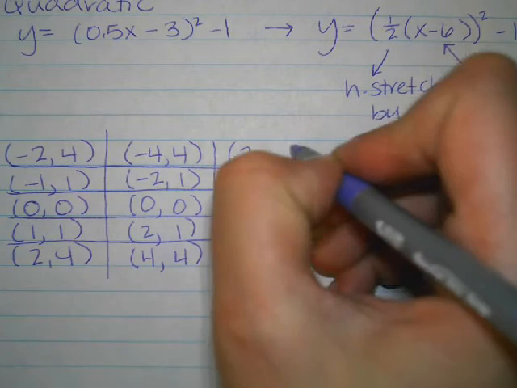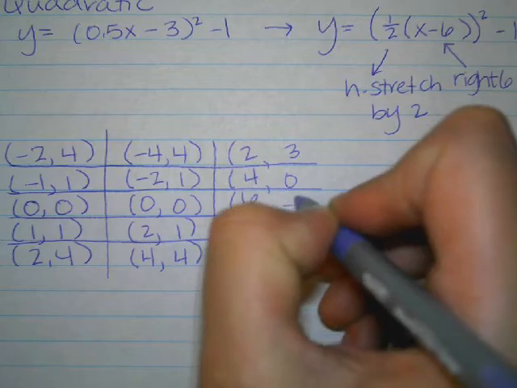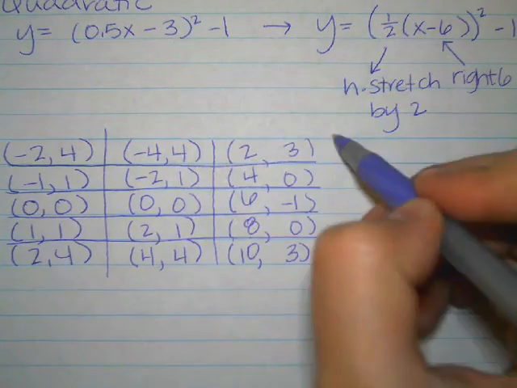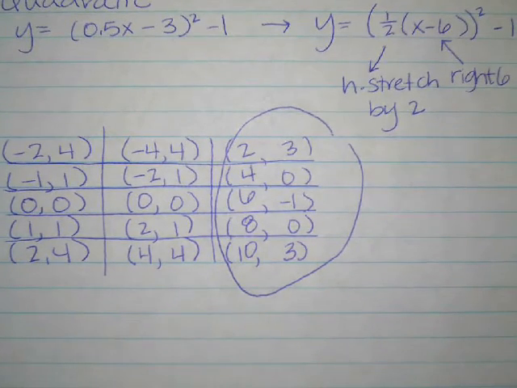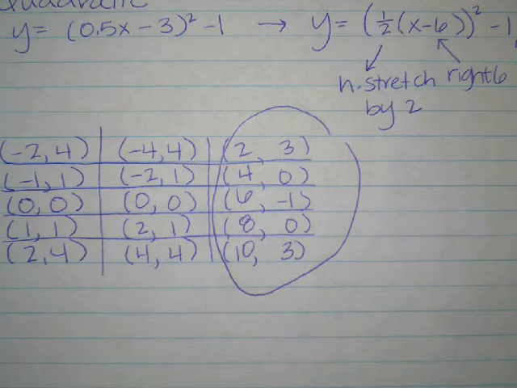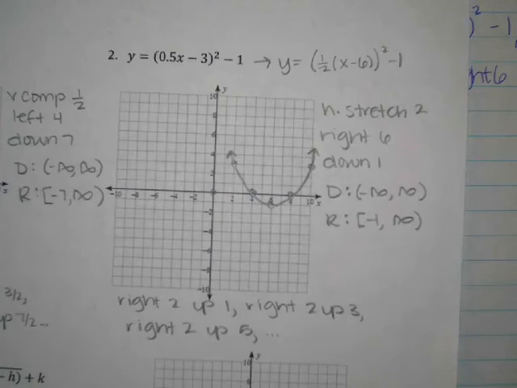Down 1. And then that final one is the one that we draw. So that's what your picture should look like.